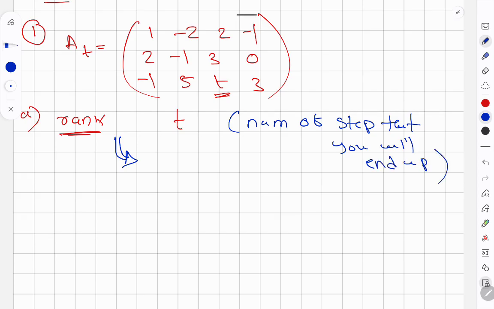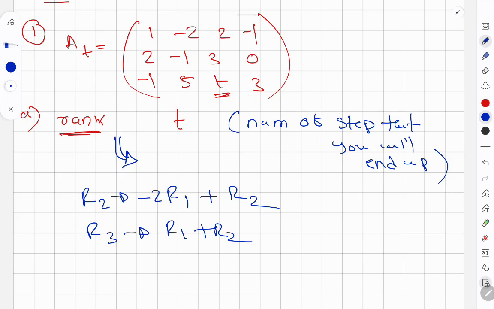Okay, so I'm solving it. You can multiply -2 and add it over here. I am multiplying -2 to R1 and adding it to R2, and also for R3 I'm just adding R1 and R3. So I want to make this 0.